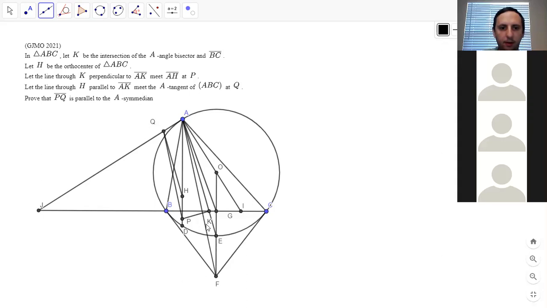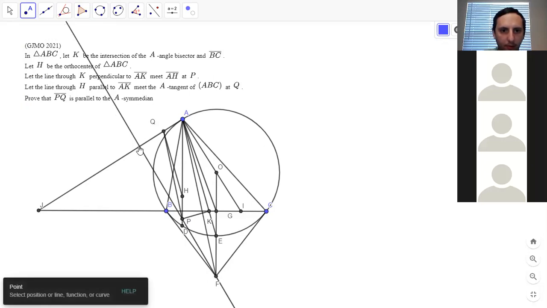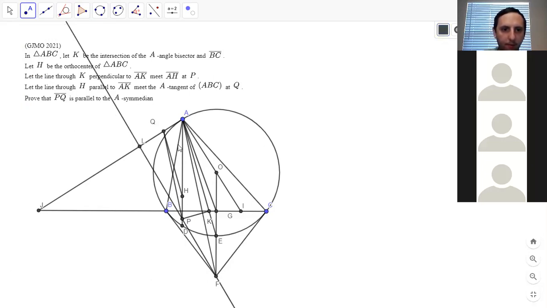So maybe we could let EH and FP meet at a point. Or maybe we should let FP and the tangent meet at a point, and then show that's collinear with H and E. Not sure what's the best way to go, but let's see if we can say anything about that point. I wonder if this is a perpendicular, so if FP is perpendicular to AJ.